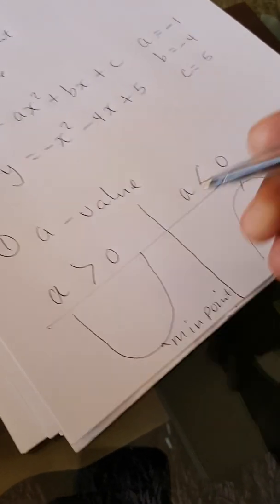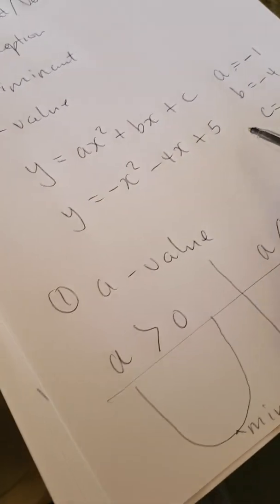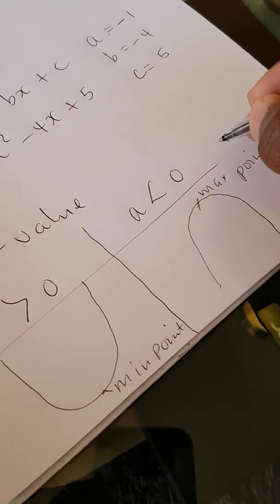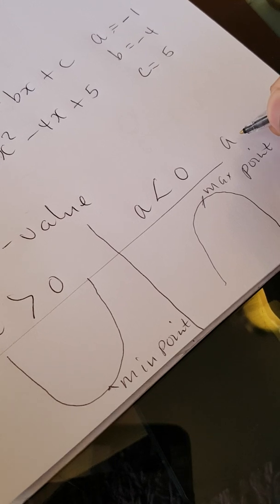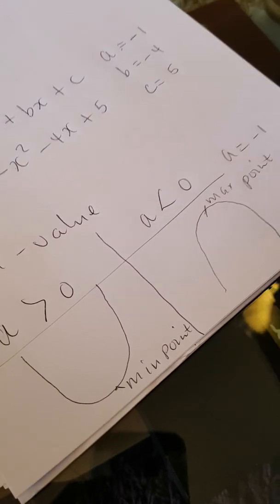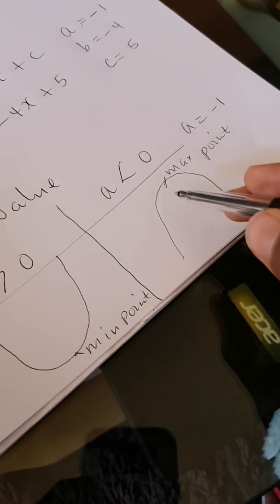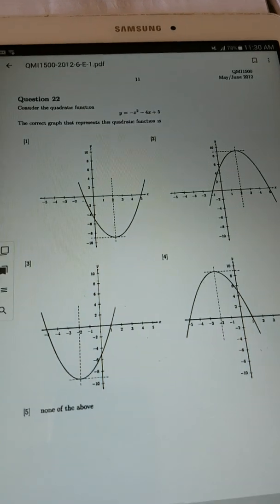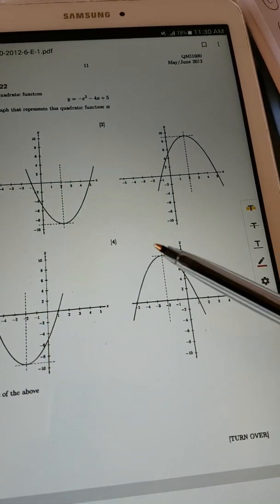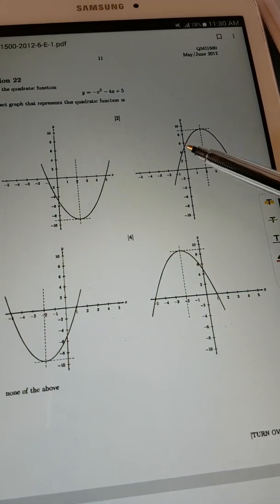In our situation, our a is -1, so a equals -1, which is less than 0. So we expect a graph that has a maximum turning point. How many graphs have a maximum turning point? It's only graph number 4 and graph number 2.